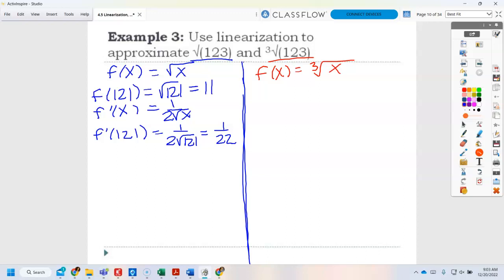So we want to approximate the square root of 123. So we're going to do L of 123 equals f of a, which we said was 11, plus f prime of a, which we said is 1 over 22, times x, which was the given value 123, minus a, which was 121.